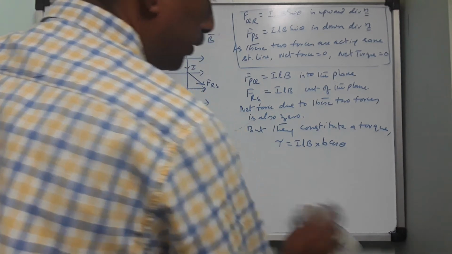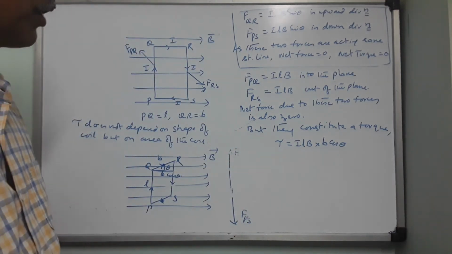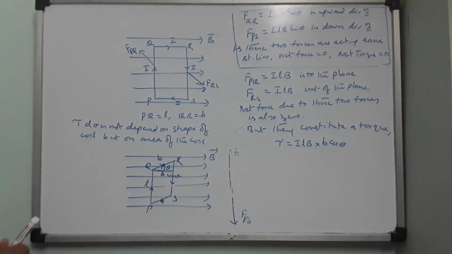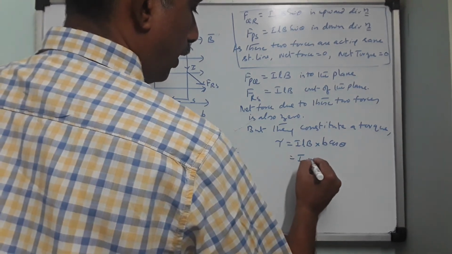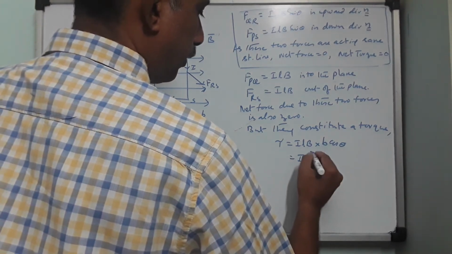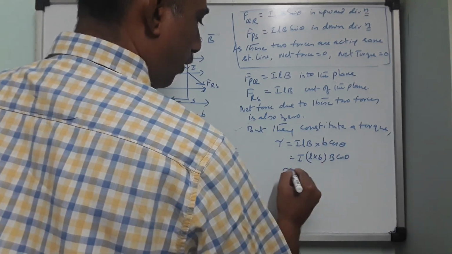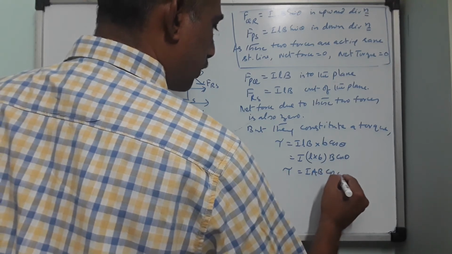Earlier the perpendicular distance was B. Now the perpendicular distance has changed from B to B cos theta. You can see here. Fine. So I am writing I into L into B together, and here B cos theta. So tau equals I into A into B into cos theta.